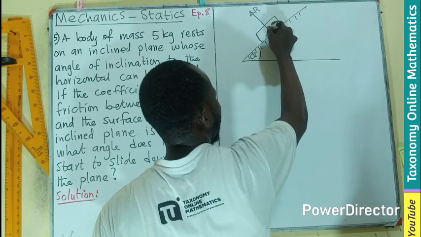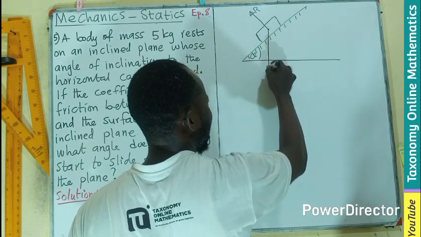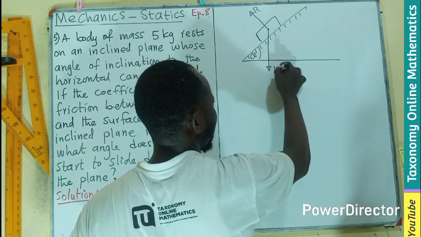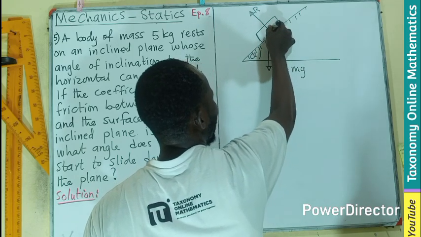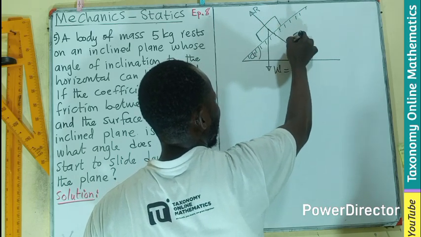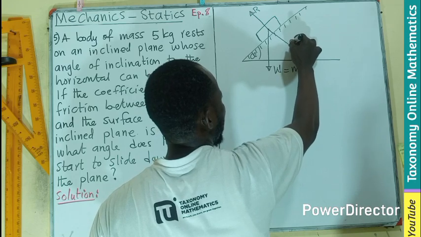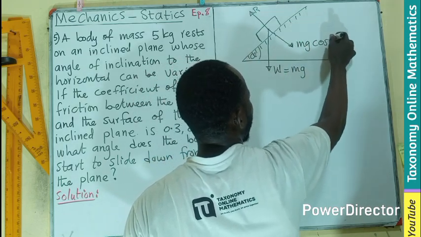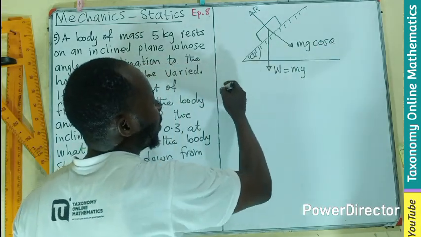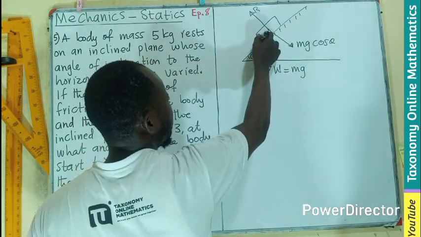There will be a weight, which is equal to the mass times g. There will be another force, perpendicular to the surface, opposite the normal reaction, as mg cos theta. You can get that from the previous episode we did.